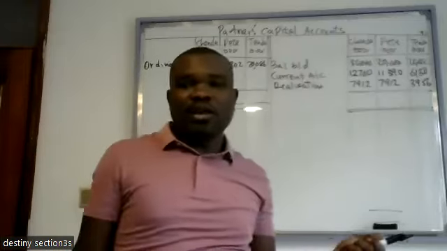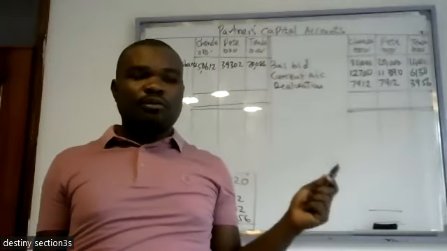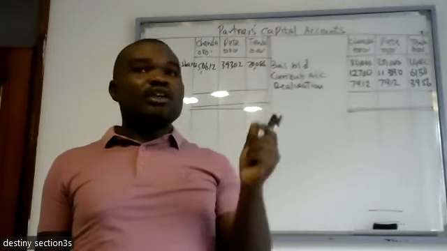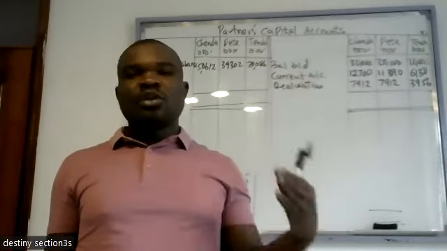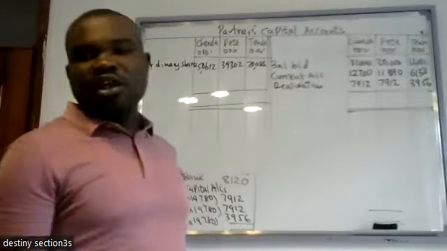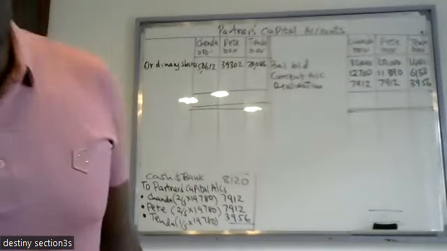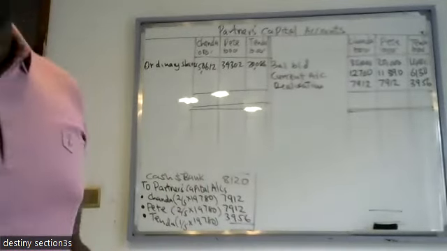But remember, in a company, we don't mention directors by their names. You just tell us ordinary share capital, one figure, 110. You don't have to mention people. So let's go to the final opening statement of financial position.